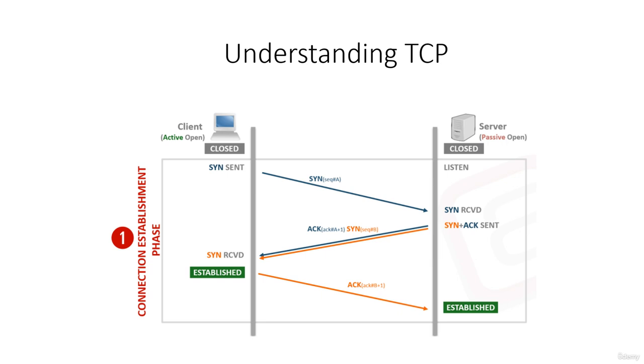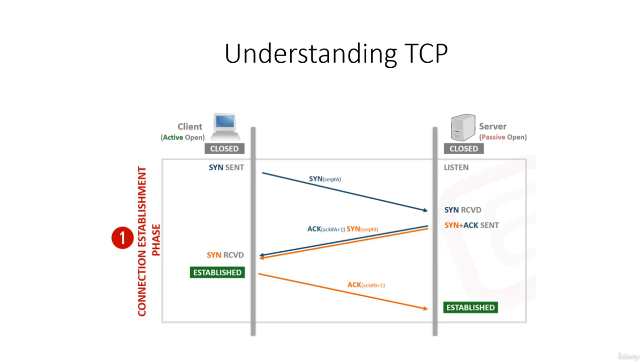Now within the TCP protocol there is an initial handshake between these machines. The first machine sends a synchronize request, often referred to as a SYN. The second machine then acknowledges that and sends a synchronize acknowledgement response, usually referred to as SYN-ACK.